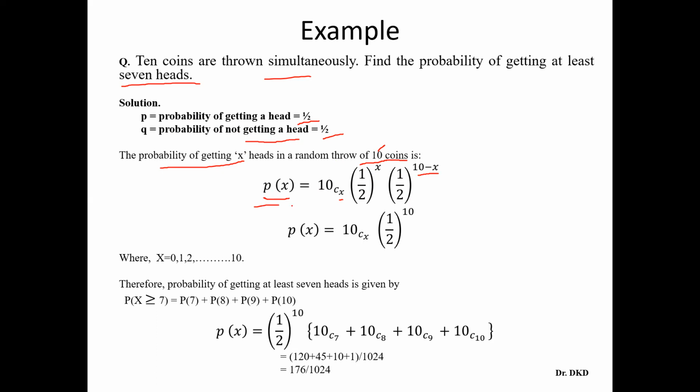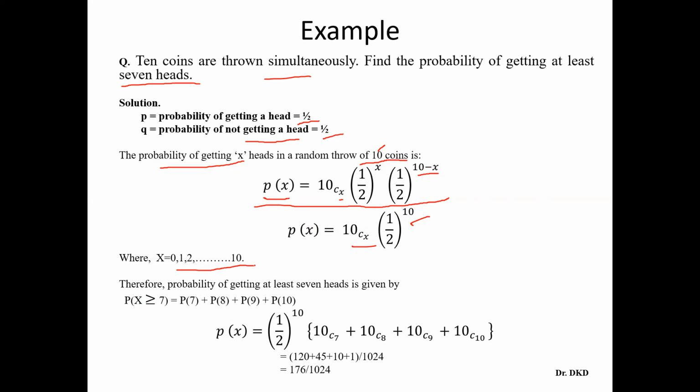This is the probability mass function of the binomial distribution, as we discussed in the definition of probability distributions. Once we solve it, P(x) equals 10 c x, times 1 by 2 to the power 10, since the bases are equal and the powers x and minus x cancel. Here x can take values 0 to 10, as the maximum number of trials is 10.